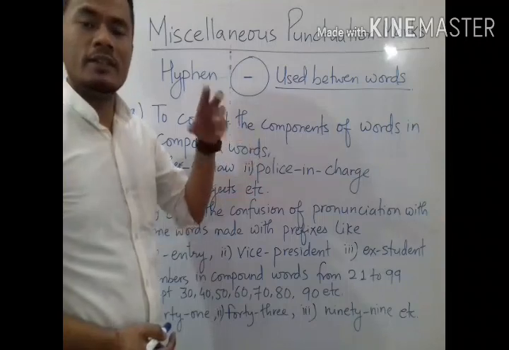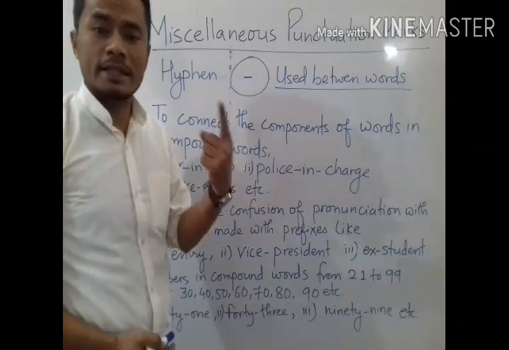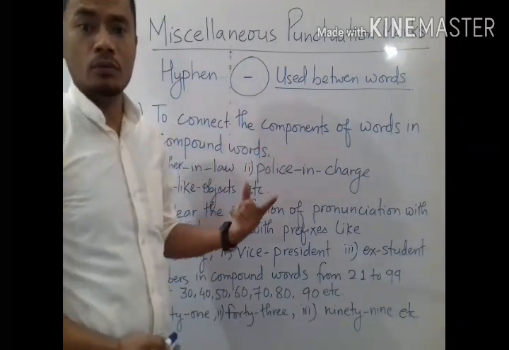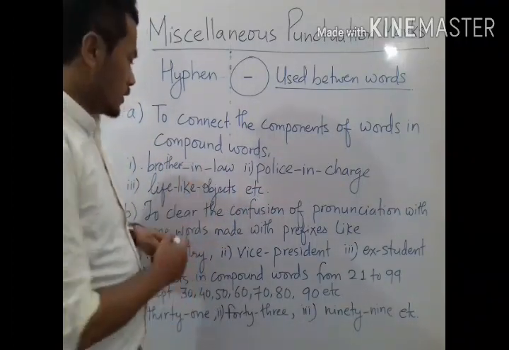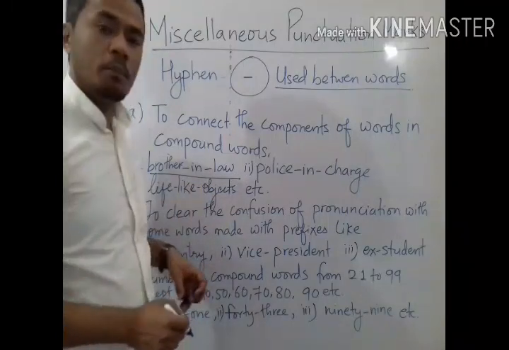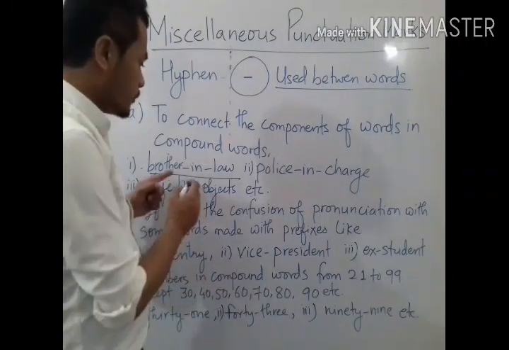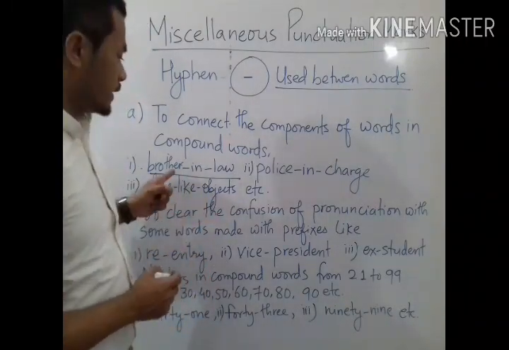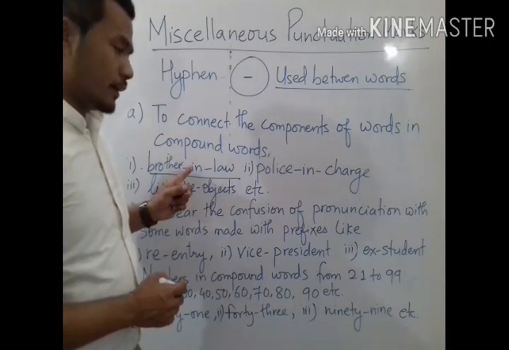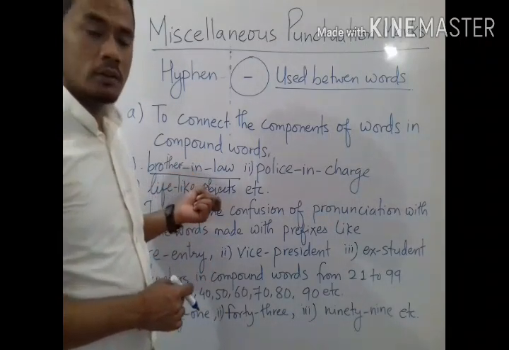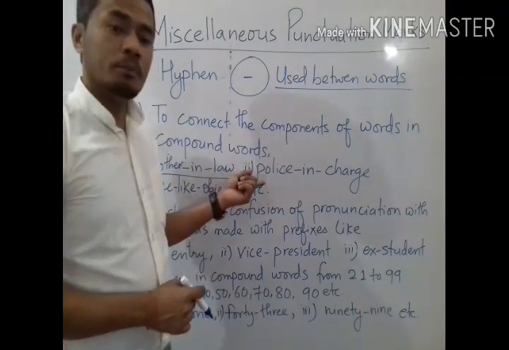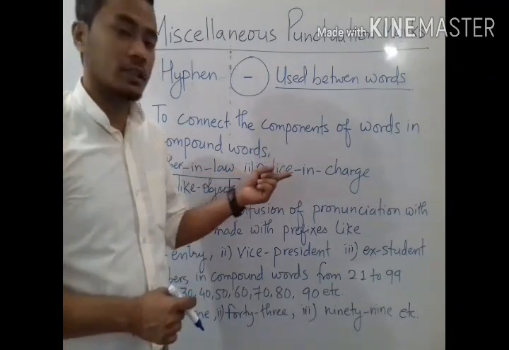Brother-in-law gives the concept of one noun, but it is a compound noun, a compound word. So brother hyphen in hyphen law is completely a compound word. We have to use a hyphen in between brother and law two times. Now police-in-charge, police in charge.